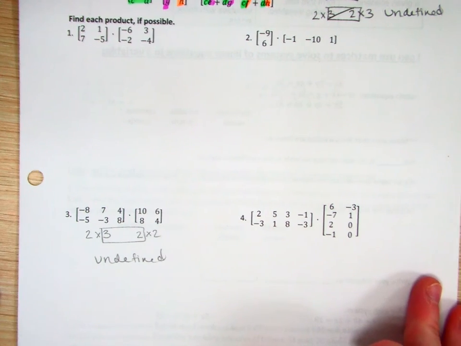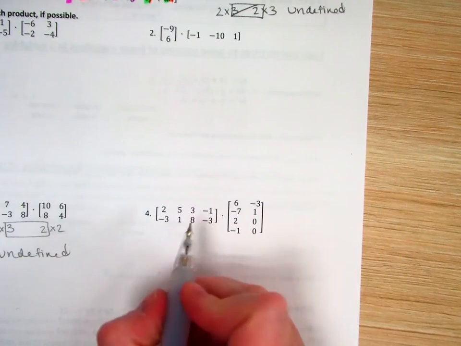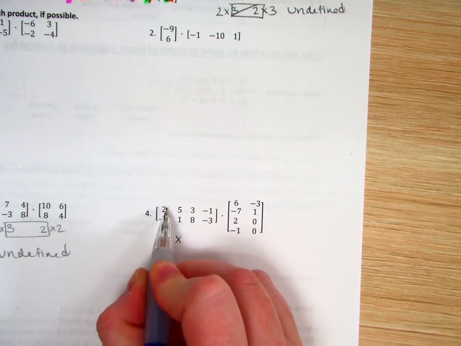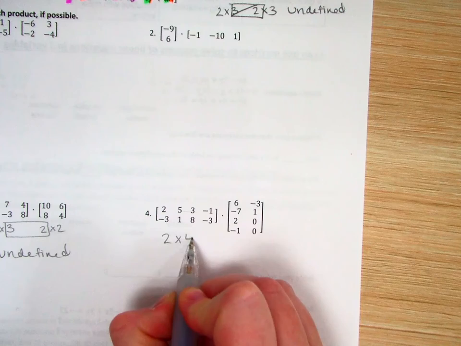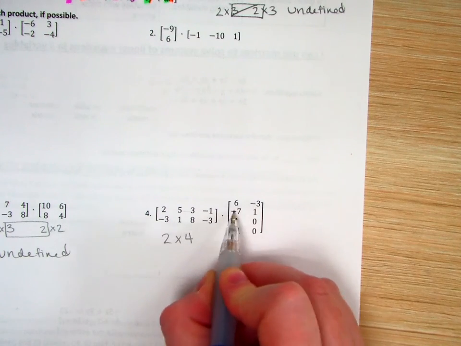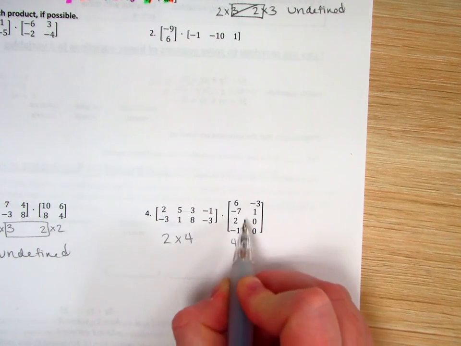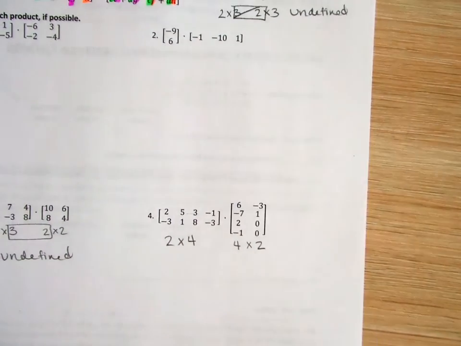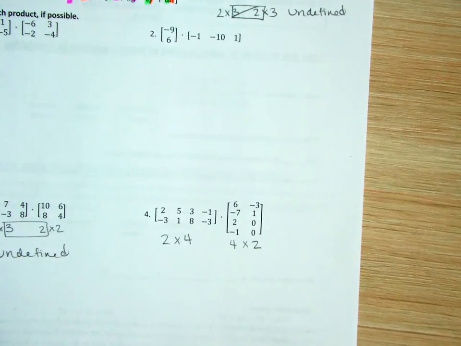Number 4, this is 2 rows by 4 columns, and this is 4 rows by 2. So, middles match. My answer is going to be a 2 by 2.